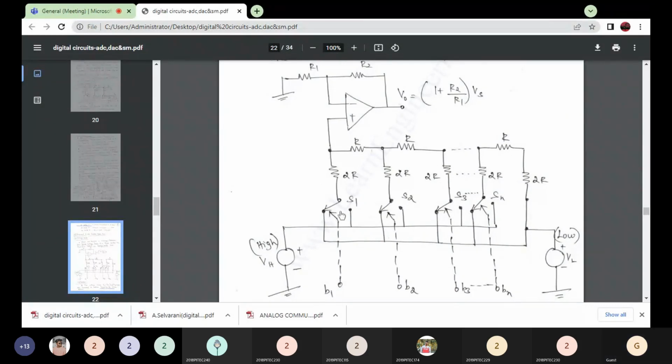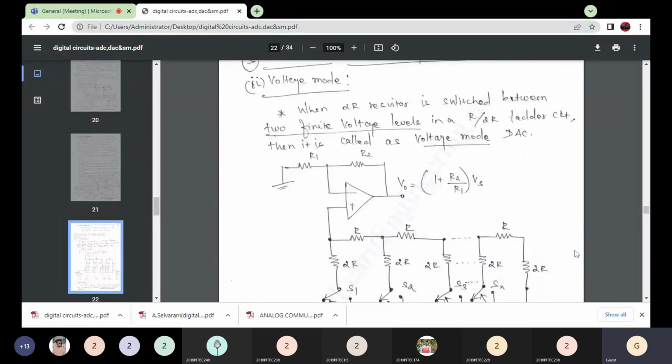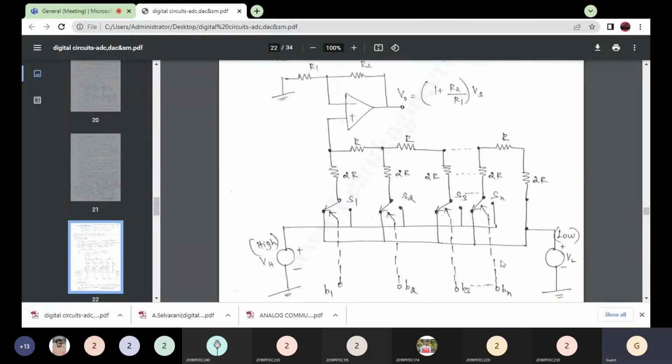Here we give n binary bits, B1, B2, B3, up to Bn, and use high and low voltage sources. Now we analyze: given the binary word, that is the digital data, what is the output voltage of this circuit?